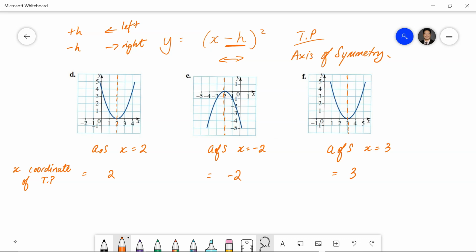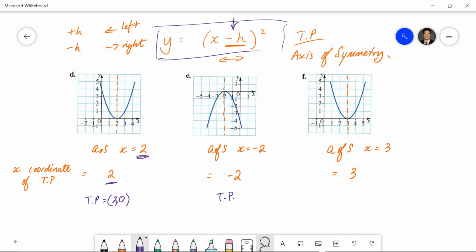So just by looking at the equation here, we can establish that this value here, negative h, is going to be the same value for the axis of symmetry and the x coordinate for our turning point. Here we have turning point being 2 and 0. Here we have our turning point as negative 2 and 0.